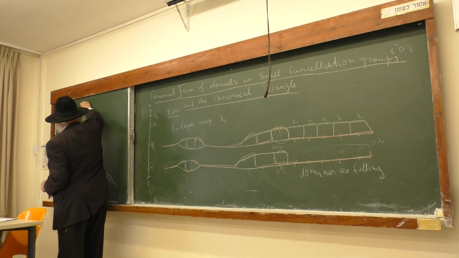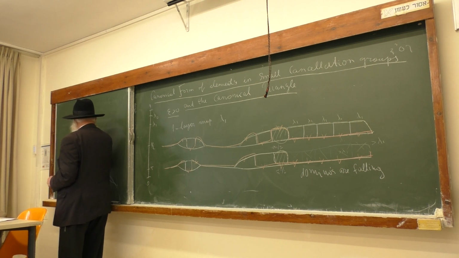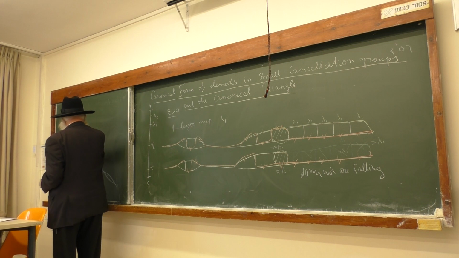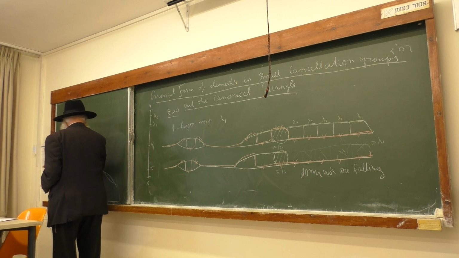So actually, what will be the one layer map between two? Then it will go until this place, and then it will be only this, because this is the part where the dominoes are falling. And it could be the same situation here. It goes here, so it could be only this.